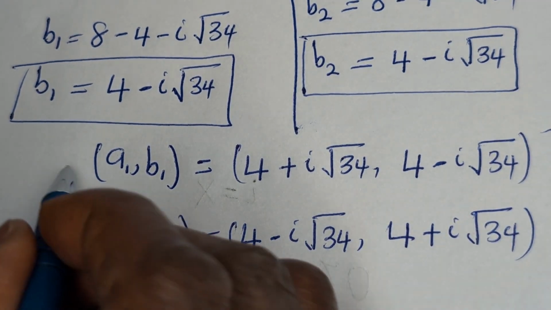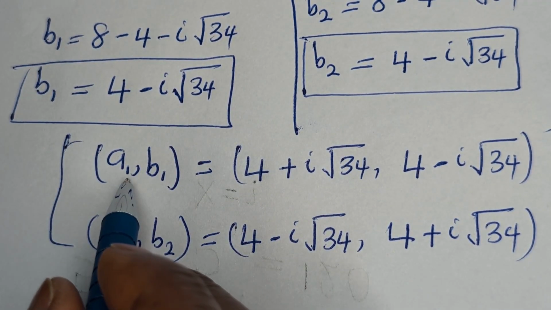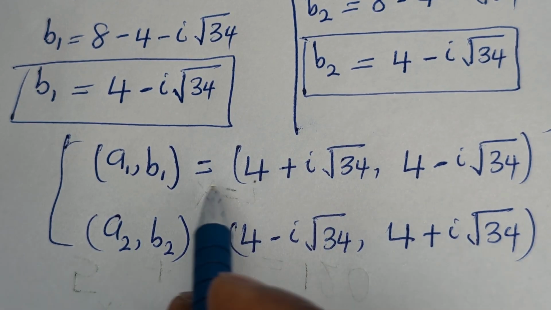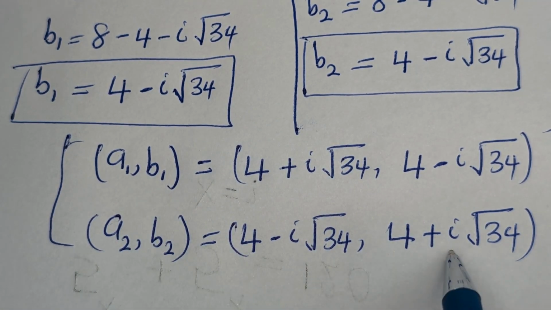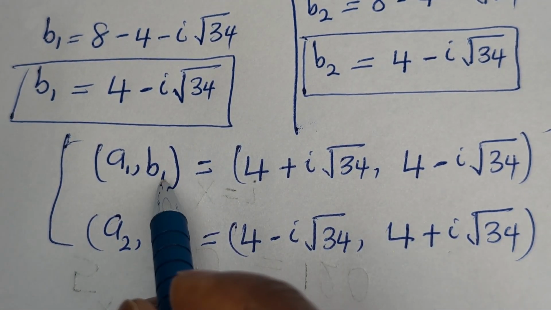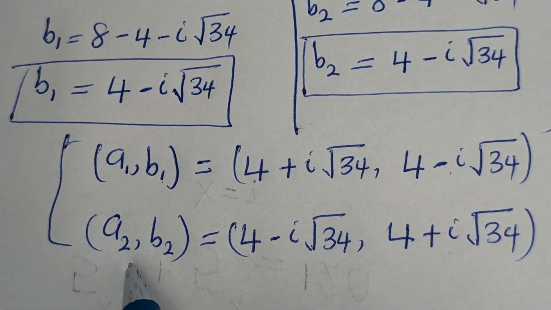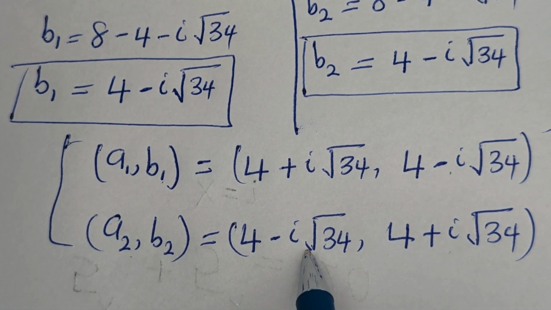You can see that the value of a1 here is equal to the value of b2 here. And the value of b1 here is equal to the value of a2 here.